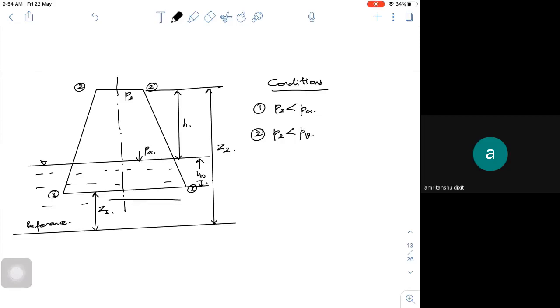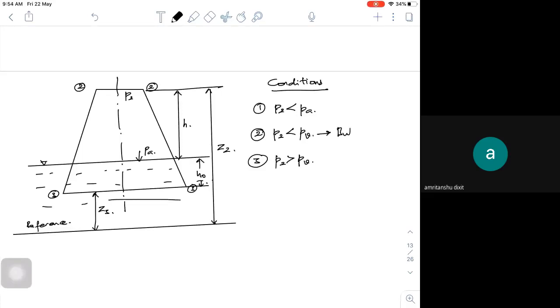And the third condition, my P2 greater than your vapor pressure. These are the conditions under which it has to work. Now, as I told, at any given point, if my pressure at this particular point, P2, exit of the turbine, falls below your vapor pressure, there is a formation of bubbles.